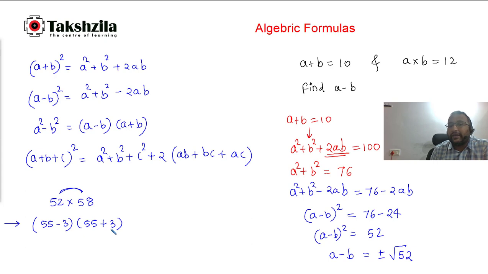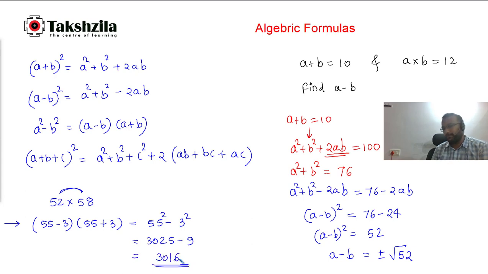Now this is nothing but (a minus b) into (a plus b), which is equal to a square minus b square. So this is equal to 3025 minus 9, which is equal to 3016. This is the multiplication. This is how we can use these square formulas.